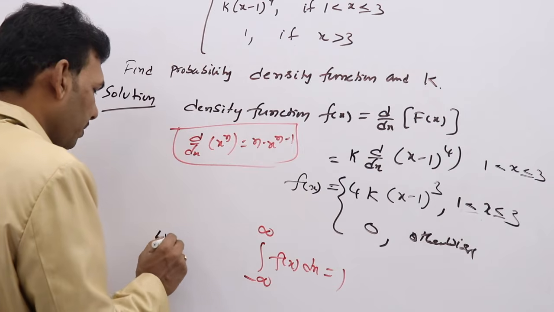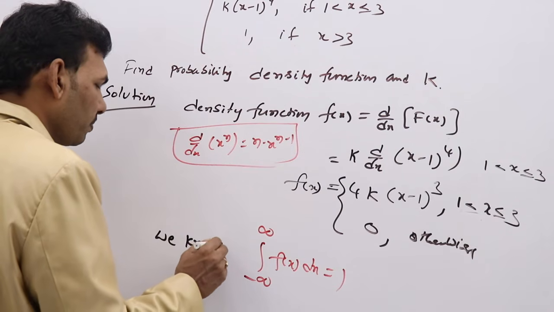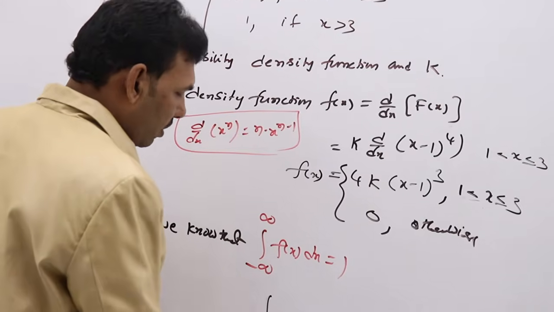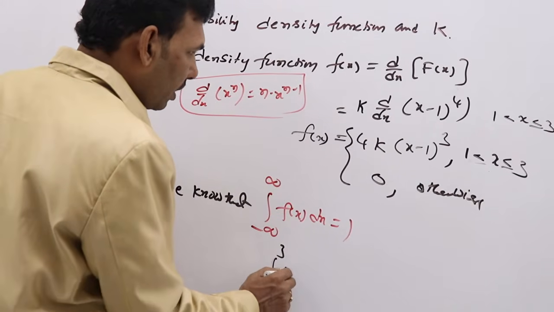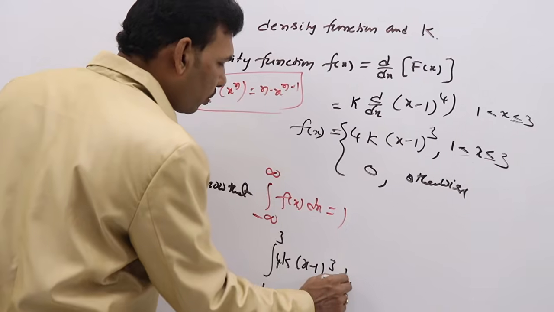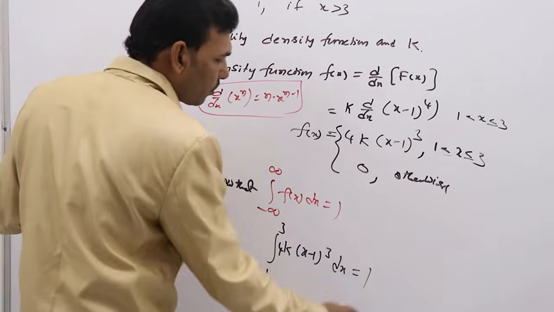Using this, in the given interval, the integral from 1 to 3 of 4k into (x minus 1) whole cube dx equals 1.